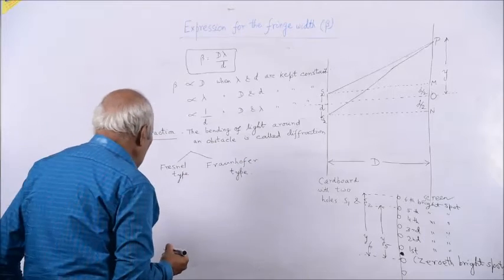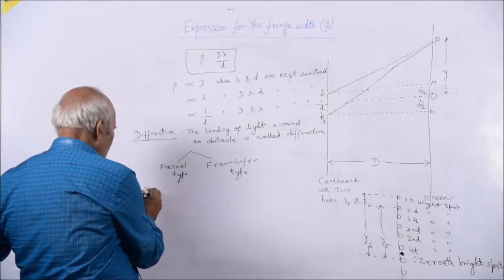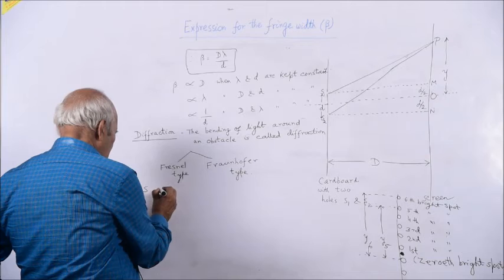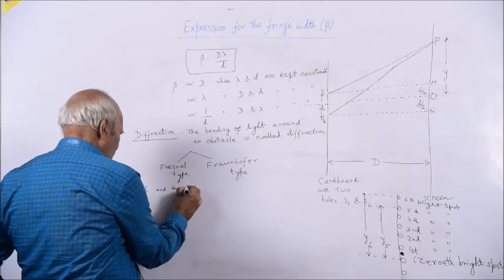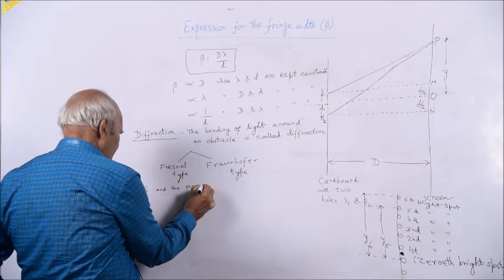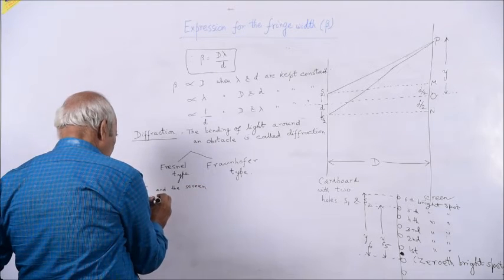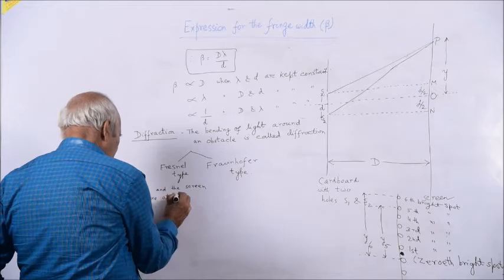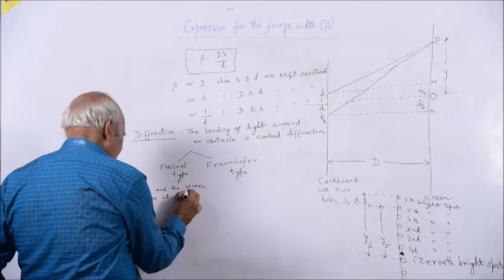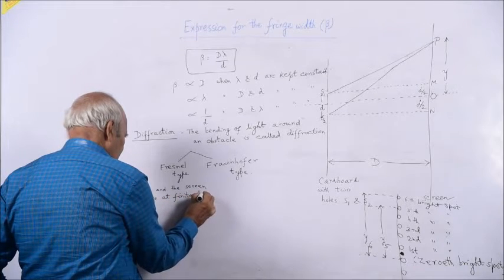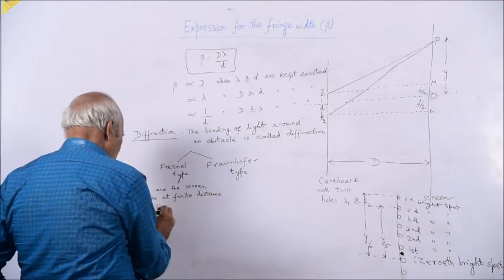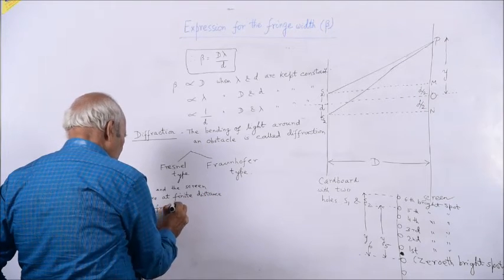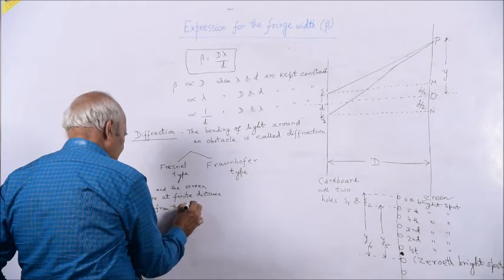In Fresnel type, the source and the screen are at finite distance from the obstacle.